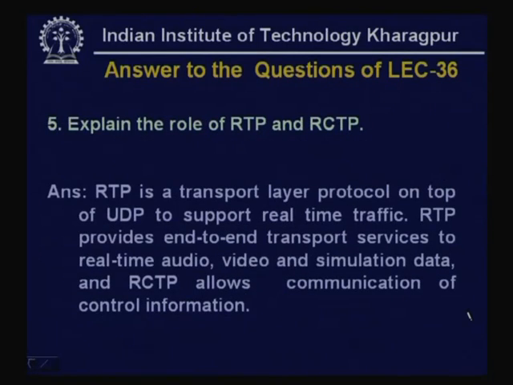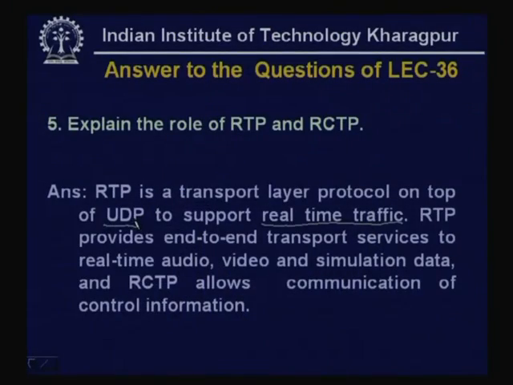Last question was, explain the role of RTP and RTCP. RTP is a transport layer protocol on top of UDP to support real time traffic. As we have seen, UDP is a connectionless unreliable protocol, so it cannot really support multimedia communication.